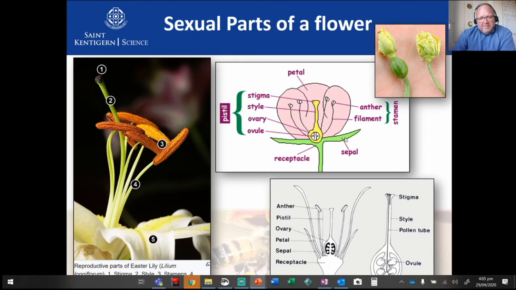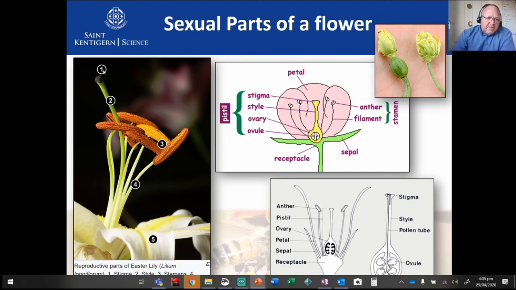Down at the bottom we have the sepal. Then the stamen is where we find the anther, which is where the pollen is, and then the filament, which carries the anther at the top. There's a very good chance they will give you a picture like this and tell you to say what is what.